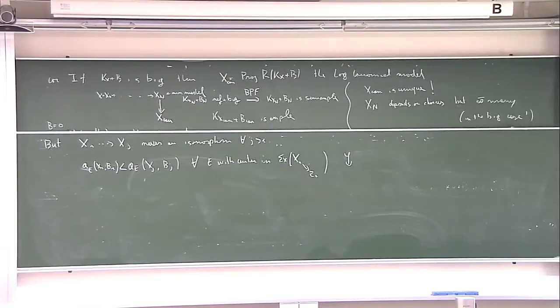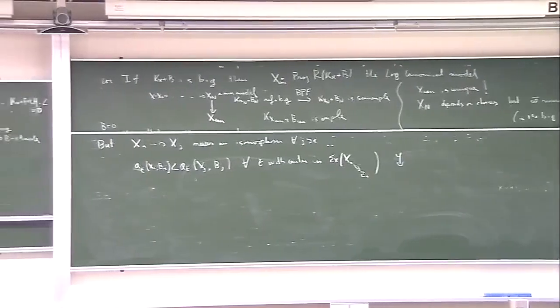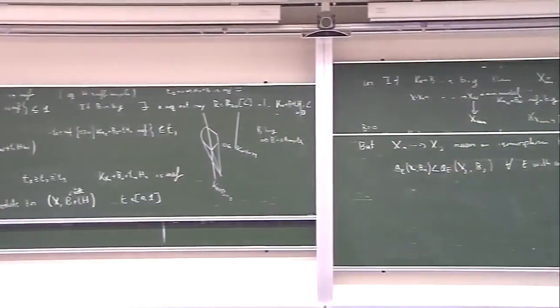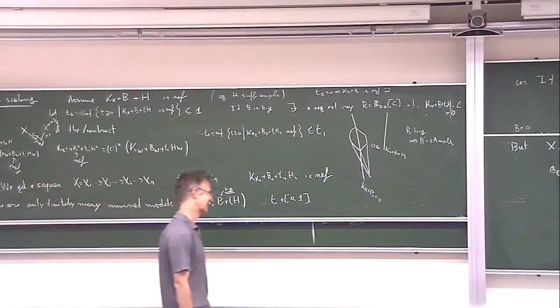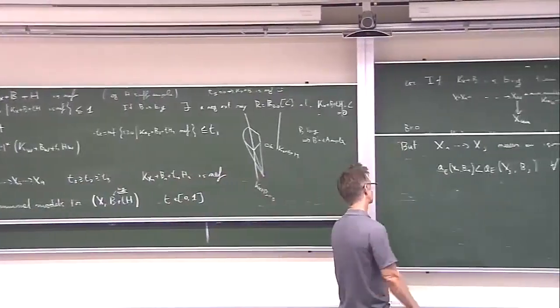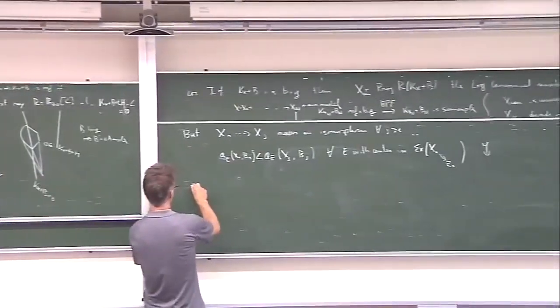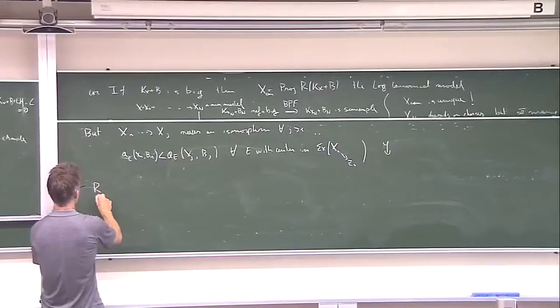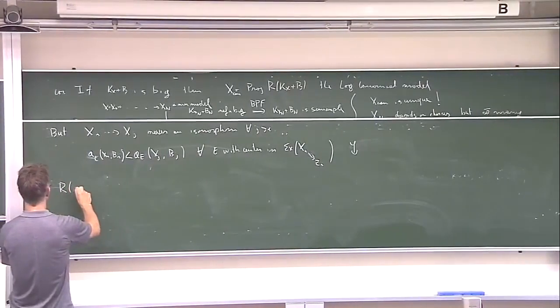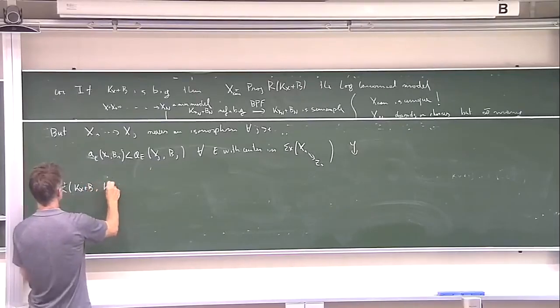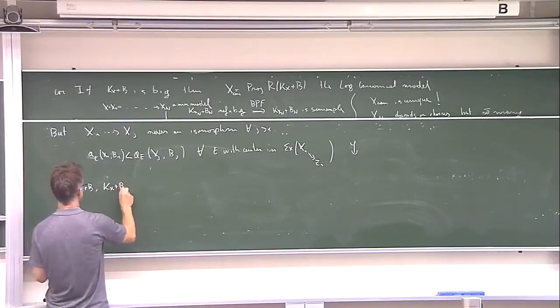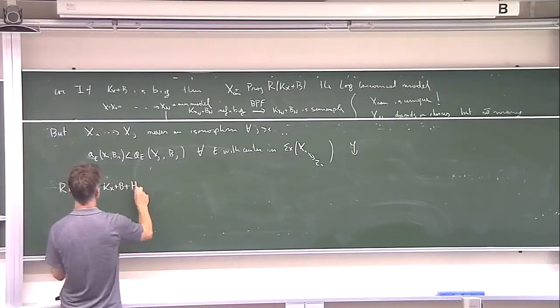Let me give you a little bit of intuition why something like this should be true. I'm still not writing down the precise statement, but let's consider the following kind of Cox ring like object. I'm going to consider the ring corresponding to kx plus b and to kx plus b plus h.